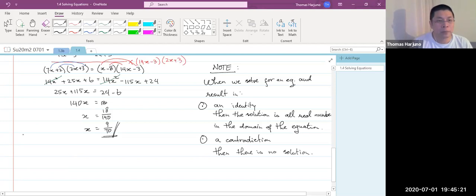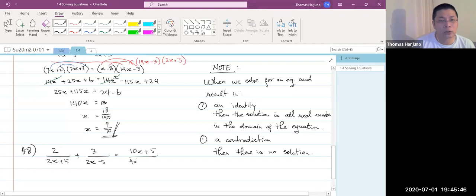Let's say, for example, we do number 8. 2 over 2x plus 5 plus 3 over 2x minus 5 is equal to 10x plus 5 over 4x squared minus 25.